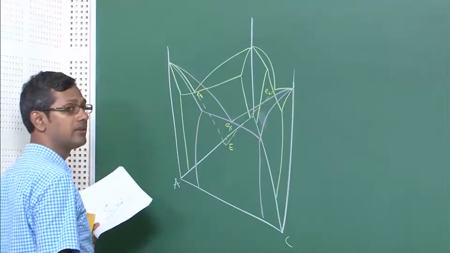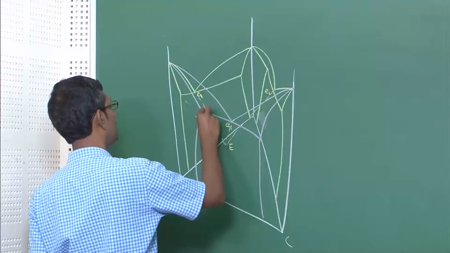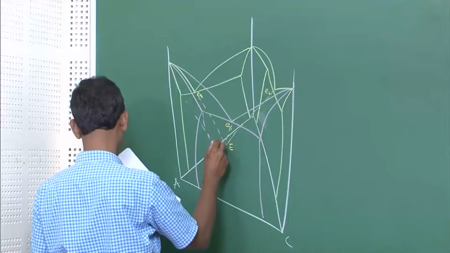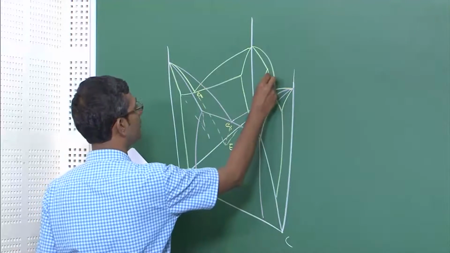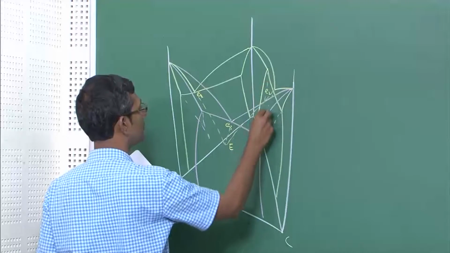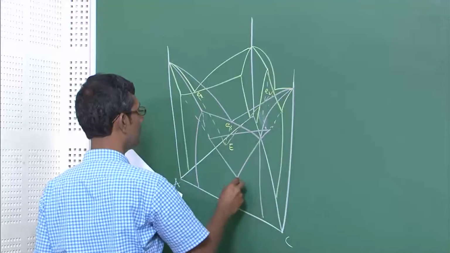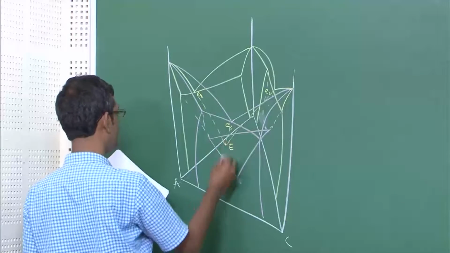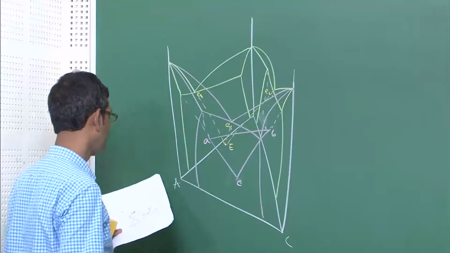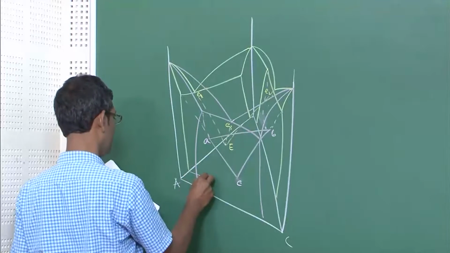So, it will sit on a triangle. So, let us do that. This is one point of the triangle, and then, okay. Correct. So, E is sitting inside the triangle A, B, C, and we can also draw this one.